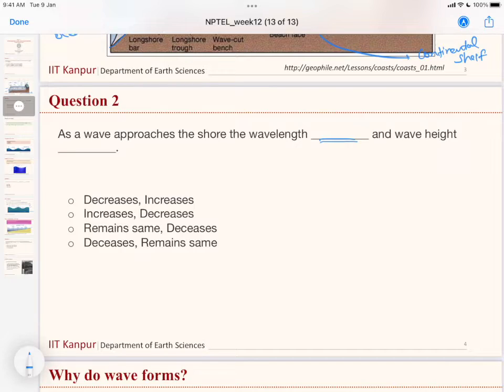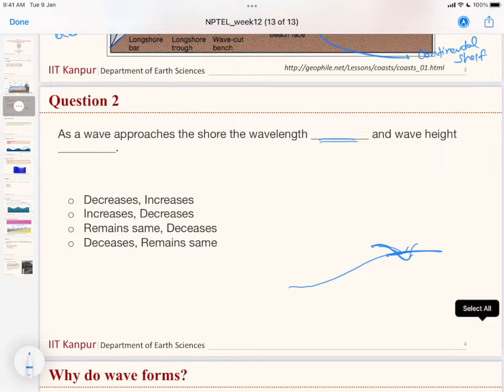Because there is a change in the pattern of the continental slope. Now the wave is not able to complete its whole path, because it is getting a breaker over here. It's not able to complete its whole cycle. So it encounters a break due to this slope, and that's how its wavelength decreased.